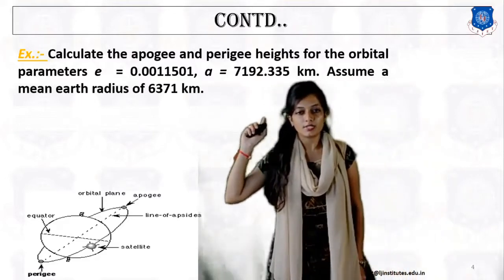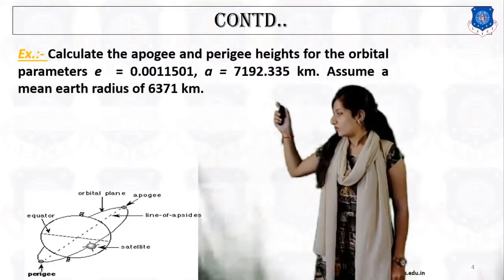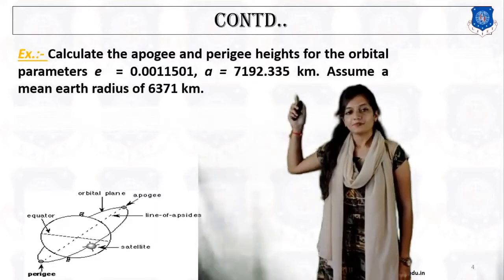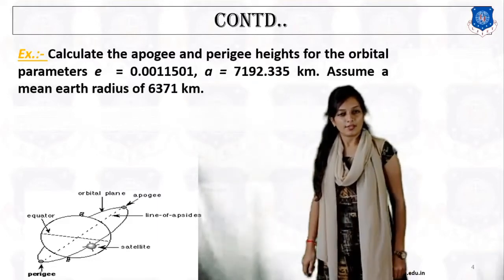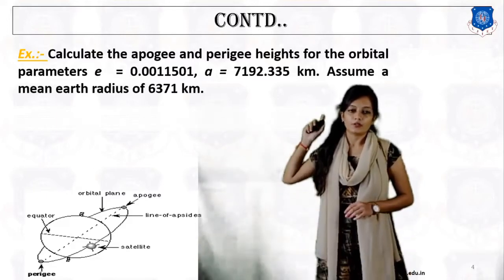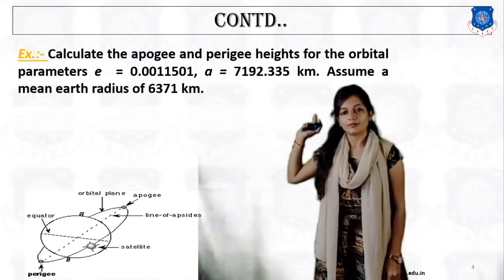Eccentricity is given as 0.001150, semi-major axis is given as 7920.335 km, and the radius of Earth, which is fixed, is 6371 km.